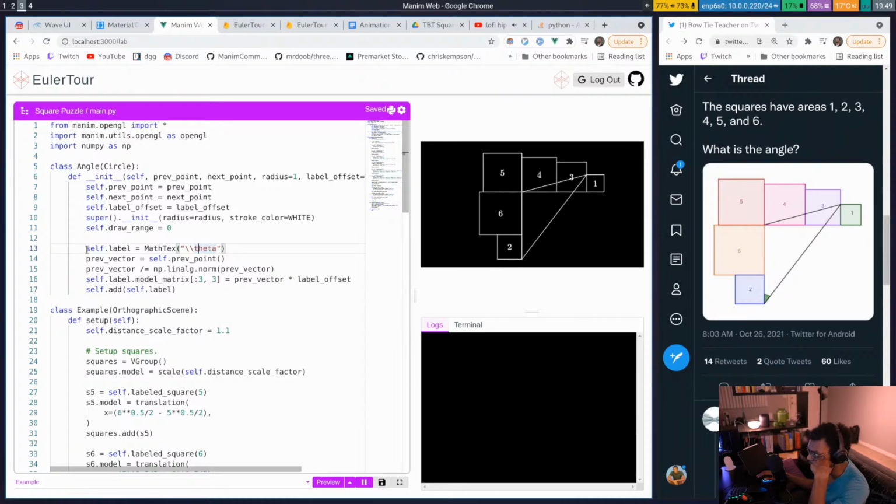Oh, I don't actually want a label right now. Previous vector. And just as it calls the previous point. Oh, it normalizes it there. Self.add, self.label.